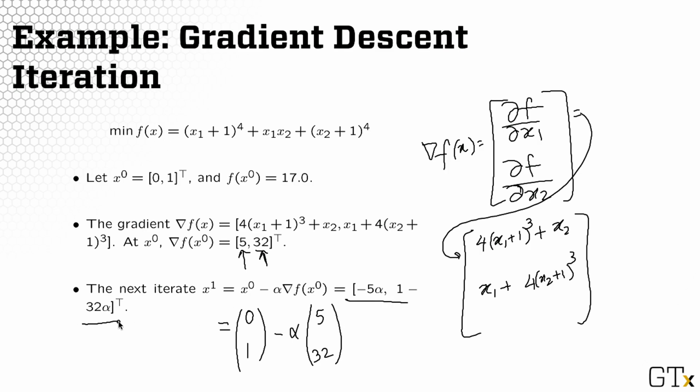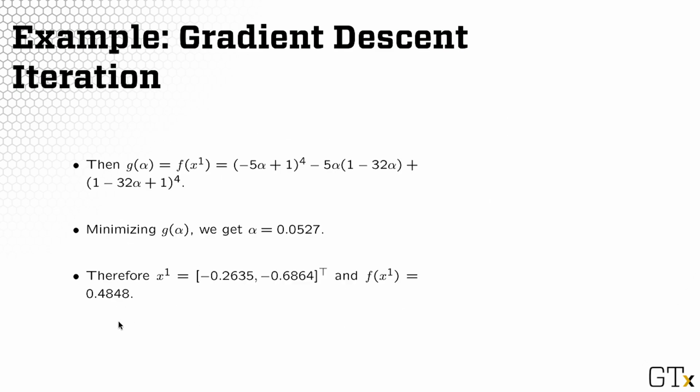Now we'd like to find out what alpha should be. Remember we write down the function as x0 minus alpha times the gradient at x0. We know what x0 is, and we have just computed the gradient. If you plug in all of these things, this is what the function looks like.